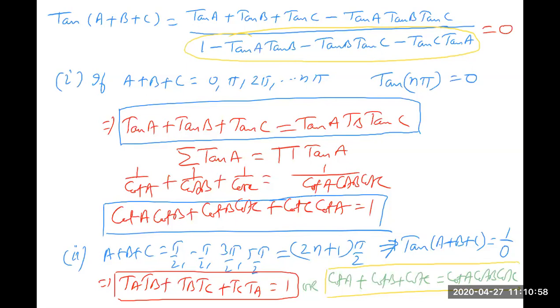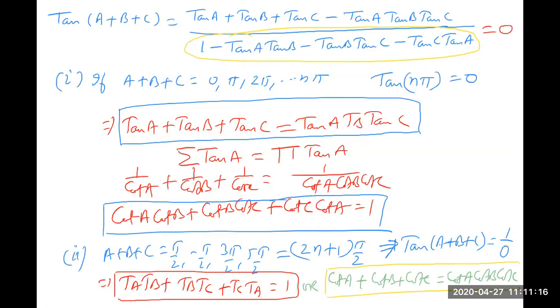In all such cases, the sum of the tangents will be equal to the product of their tangents. If we convert in cot, we will get cot A cot B plus cot B cot C plus cot C cot A is equal to 1.